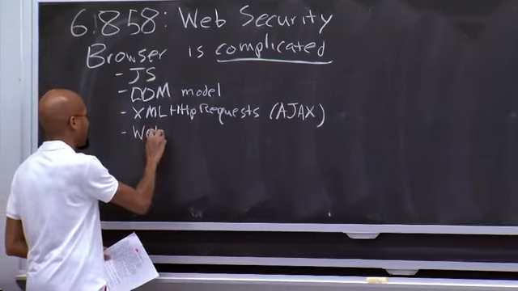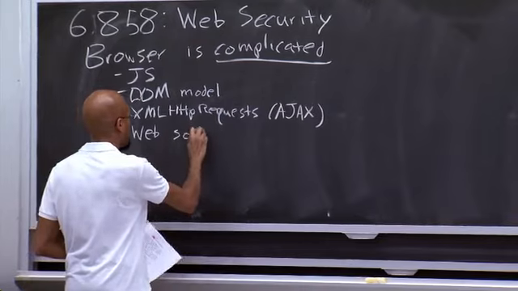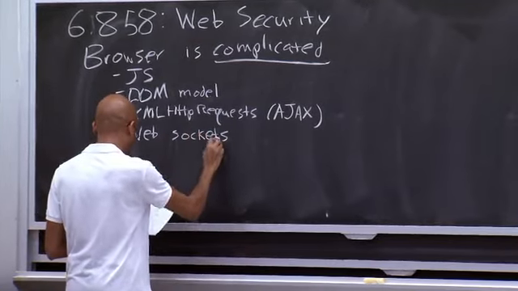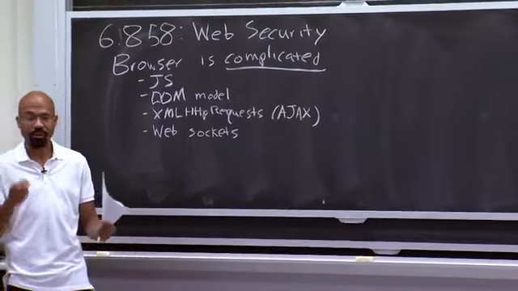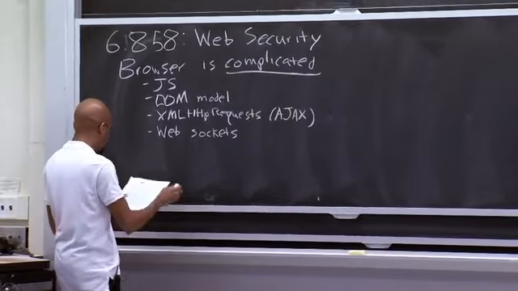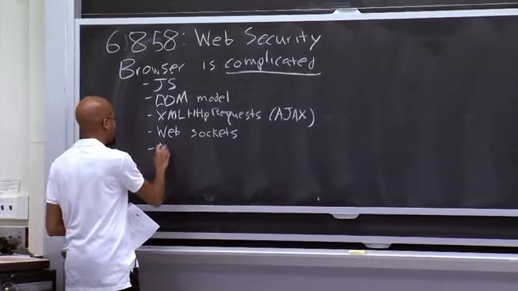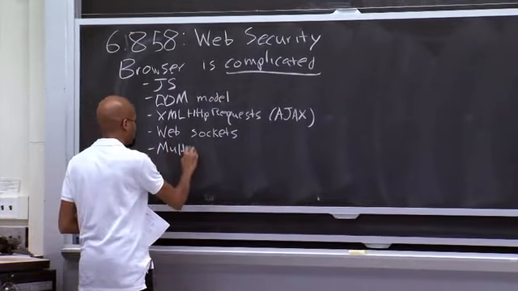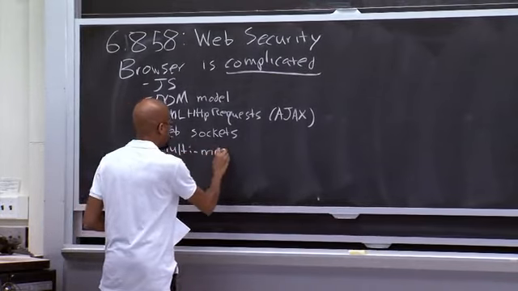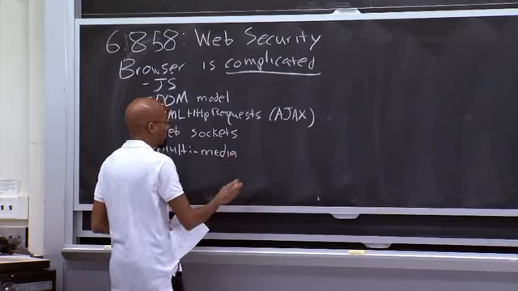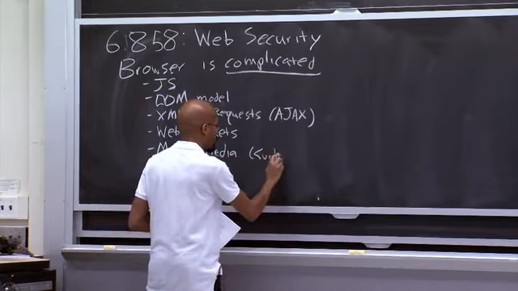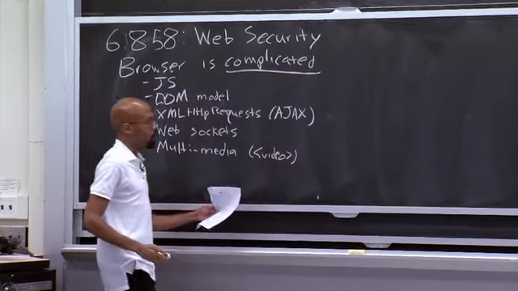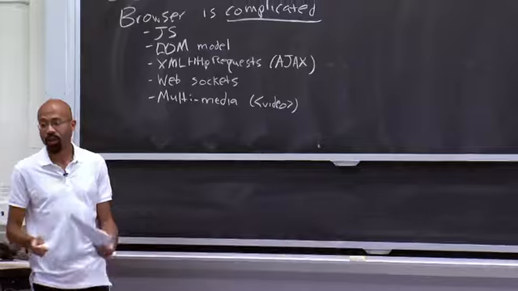WebSockets is a recently introduced API which essentially allows full duplex communication between clients and servers, with communication going both ways. We've got all kinds of multimedia support. For example, we have the video tag, which allows a web page to play video natively, without using a Flash applet.